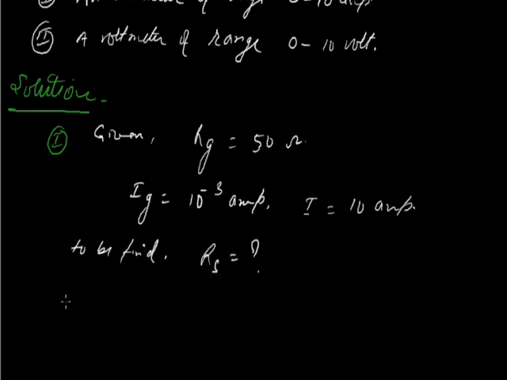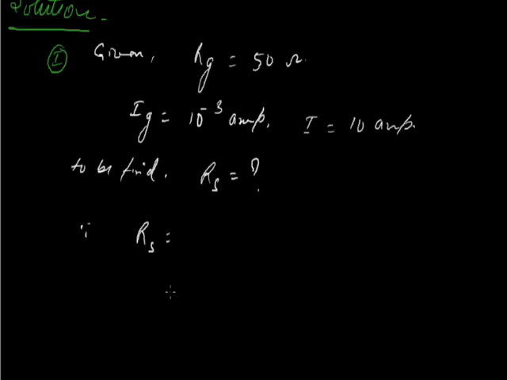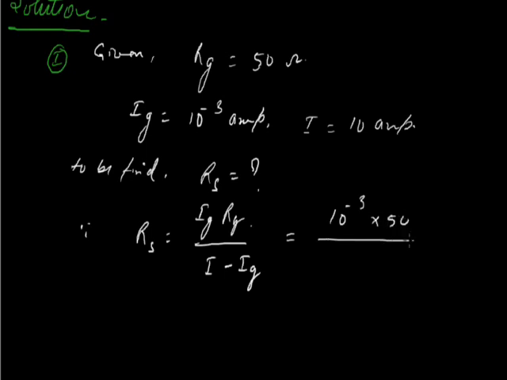Rs is Ig into Rg divided by I minus Ig. That is 10 raised to the power minus 3 into 50 divided by 10 minus 10 raised to the power minus 3.